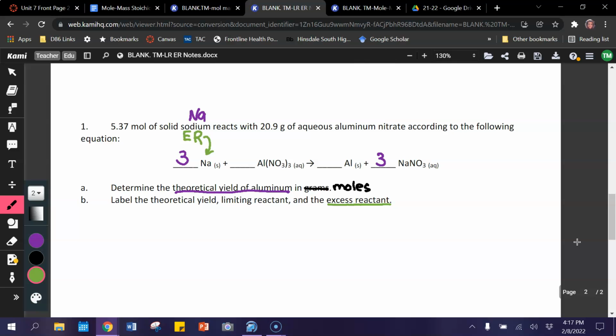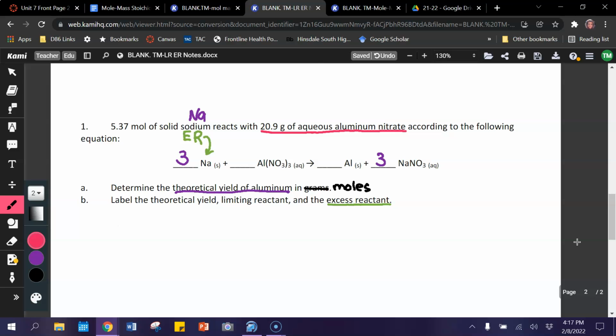According to the equation, we are going to need only 1 mole of aluminum nitrate. Well, we need to know how many grams 1 mole of aluminum nitrate is because our problem tells us that we have 20.9 grams of aluminum nitrate. We need 1 mole of that.